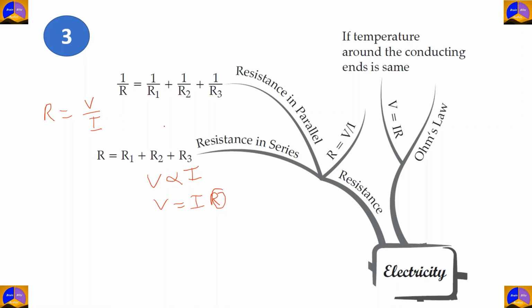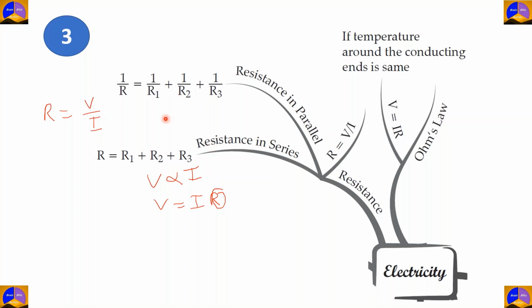Just like circuits, resistances can be kept in parallel or in series. A series resistance contains two or more resistors connected to each other in series. The total resistance of a series circuit will be equal to the sum of the individual resistances.